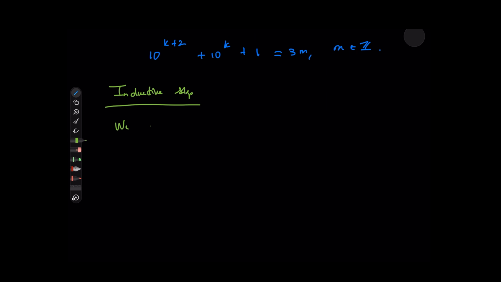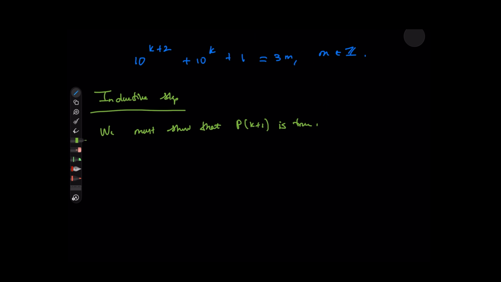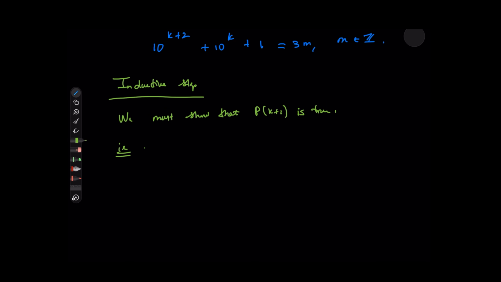So we must write that we want to show that 10 to the power of k plus 1 plus 2 plus 10 to the power of k plus 1 plus 1 is divisible by 3.